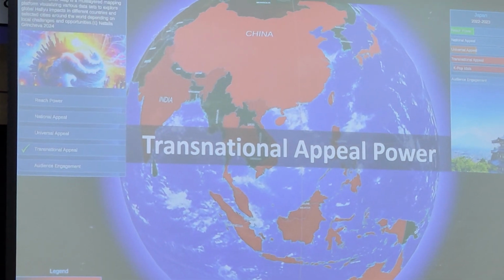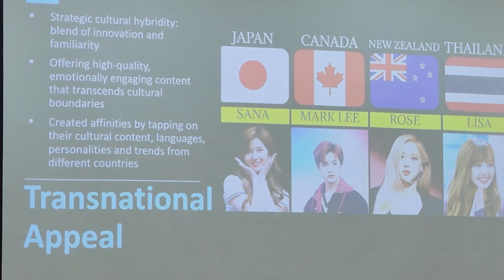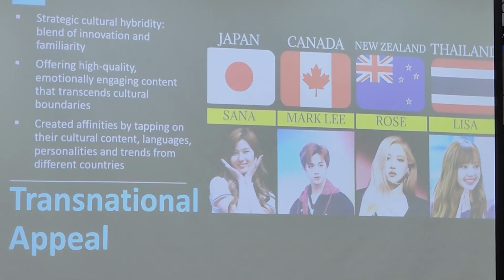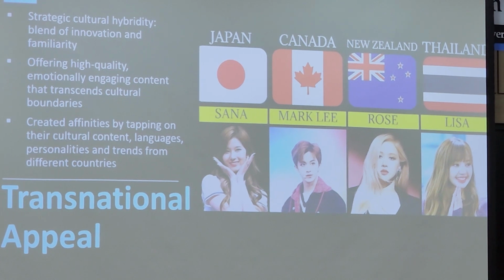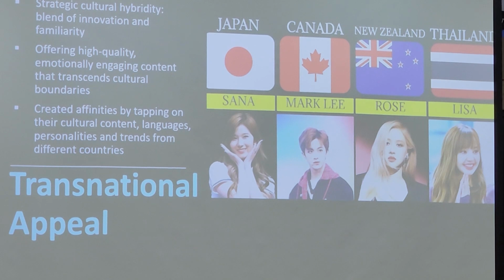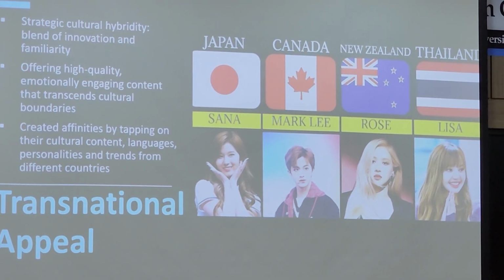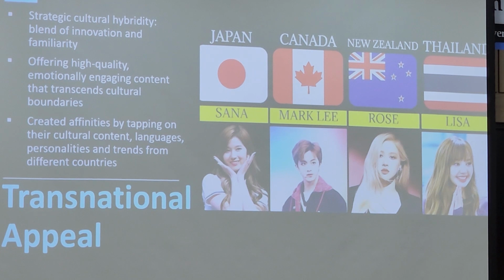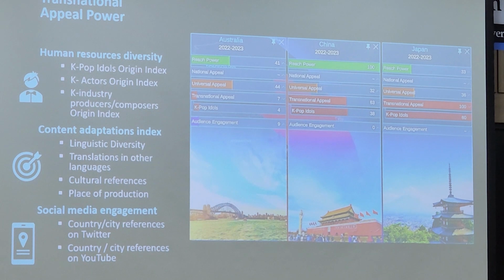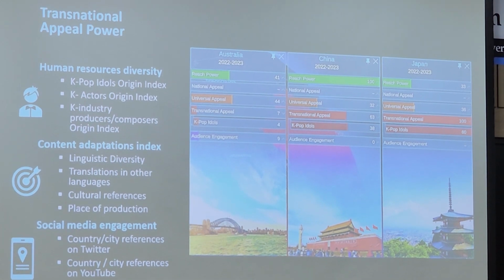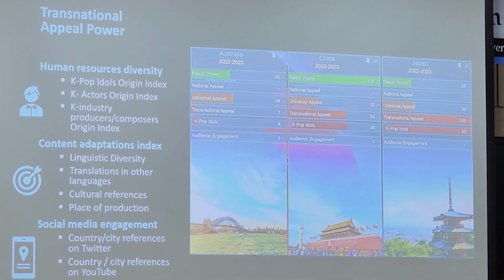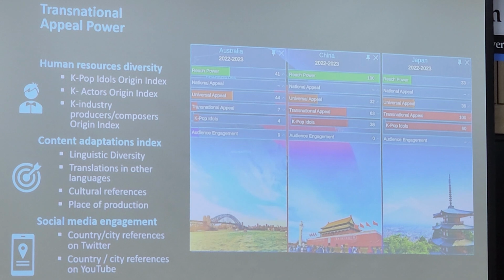So in terms of the transnational appeal, I'm actually looking at all the strategic efforts made by the Korean wave industries to integrate Hallyu into different contexts around the world and to make it more appealing to global audiences. One of the ways they're doing it is inviting K-pop idols from around the world, and this is kind of making it a transnational level. So in this case, we are looking at human resources diversity, at content adaptation like linguistic diversity, translations in other languages, cultural references, places of production.